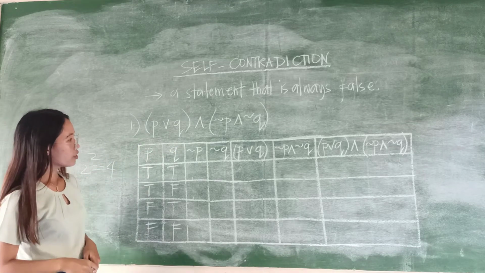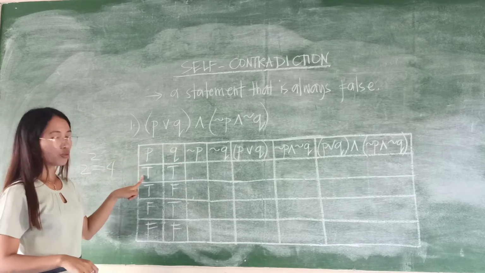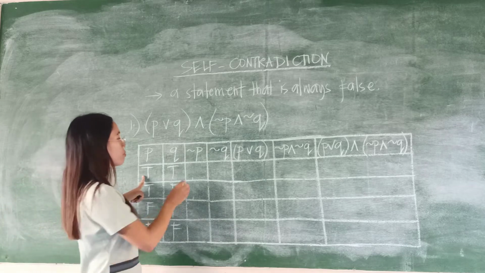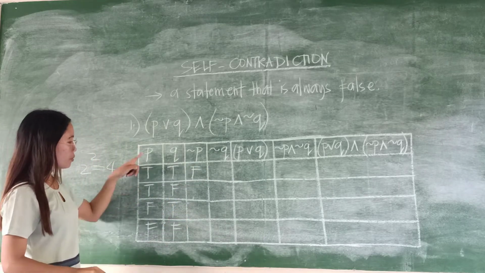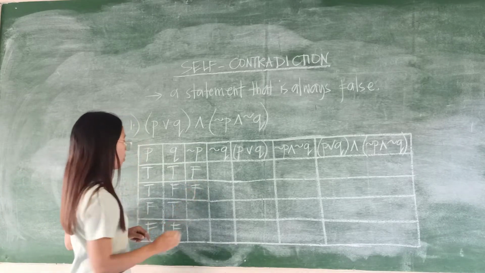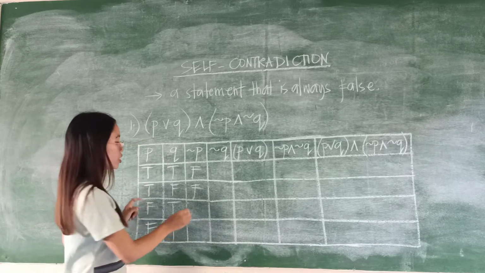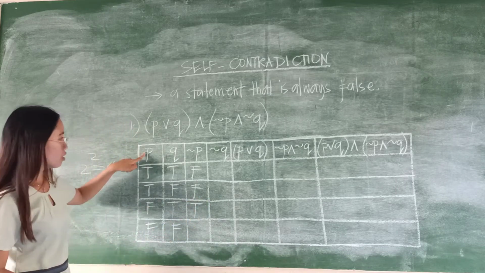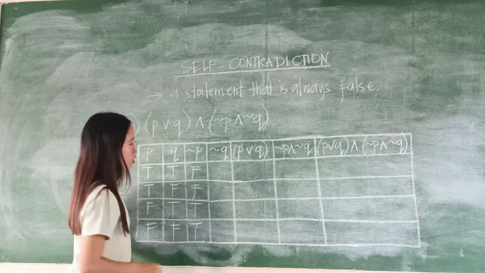So let's get the value for negation P. So P, that is true, so its negation will be false. Then for statement P that is true, it is also false. Then for P that is false, its negation will be true. Then for statement P that is false, the same, it is also true.